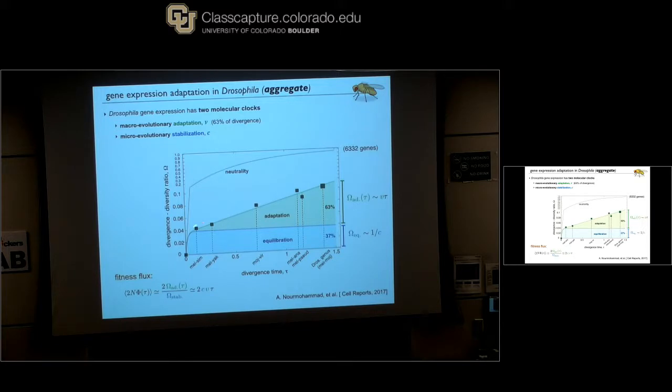And just to build up the curve, we can characterize this divergence as a function of time, and we can see that the saturation that we fit to this curve would be slightly before the melanogaster simulans, or of a similar time scale. So this is a lucky situation.